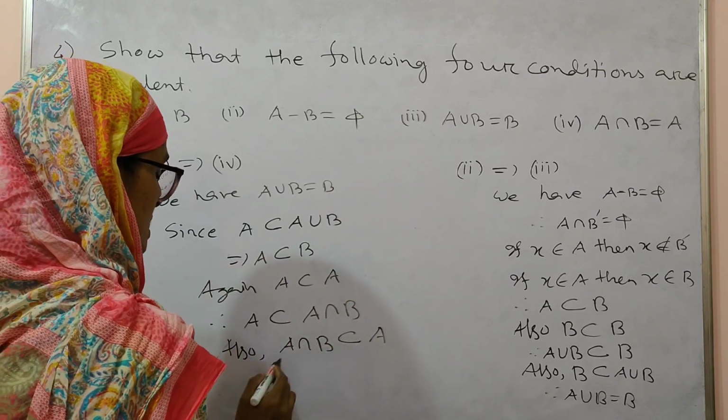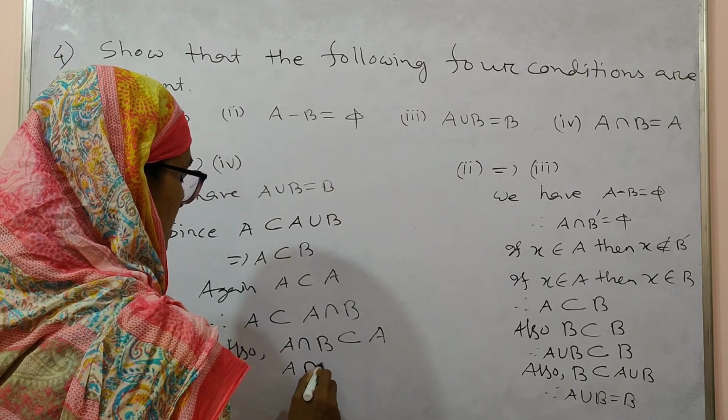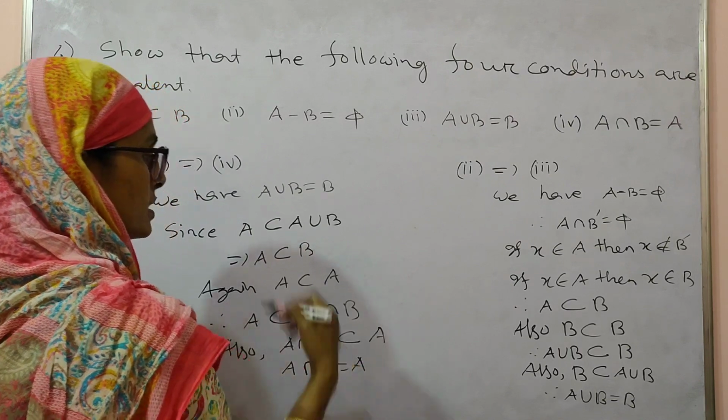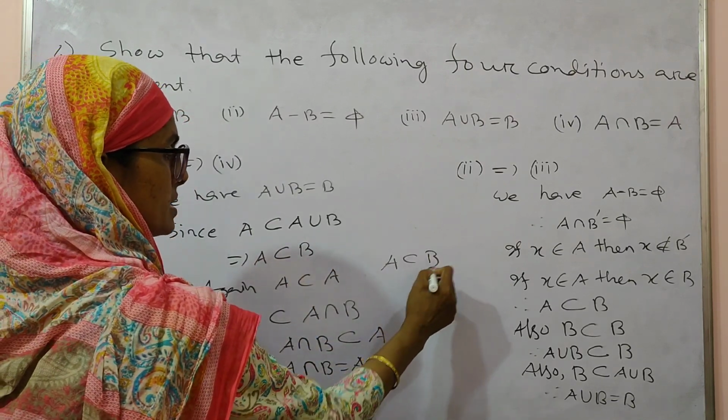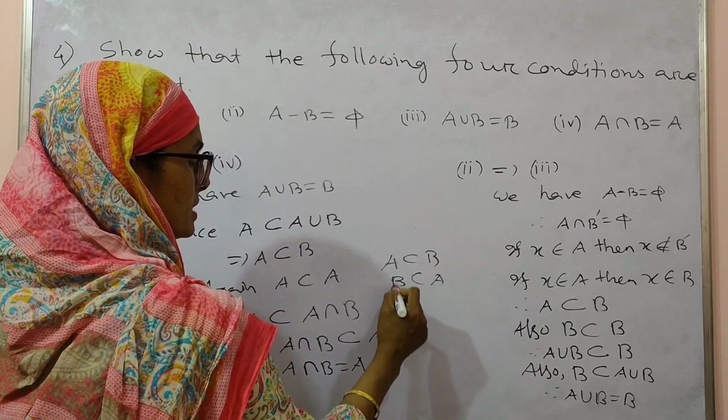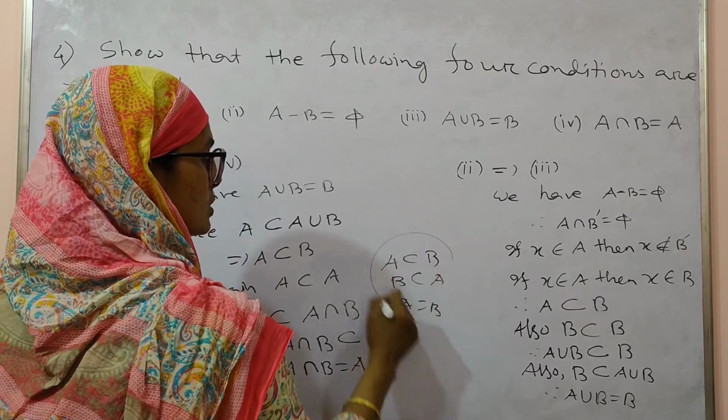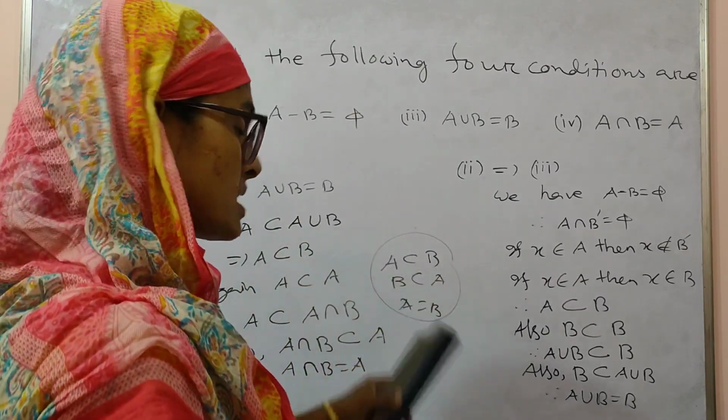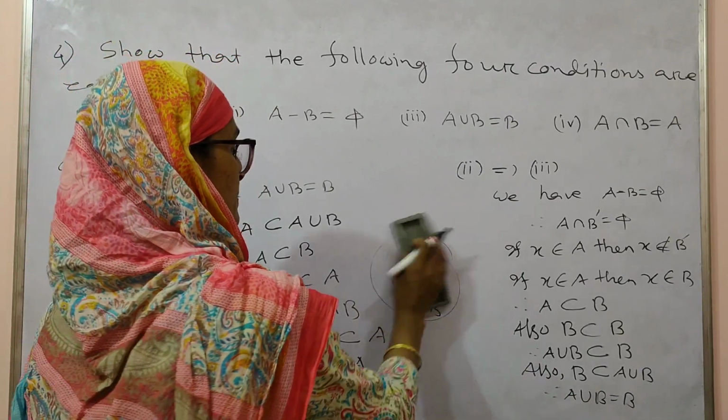Therefore, from these two conditions, A intersection B equals A. If A is a subset of B and B is a subset of A, then the two sets are equal. I have already discussed this in one class.